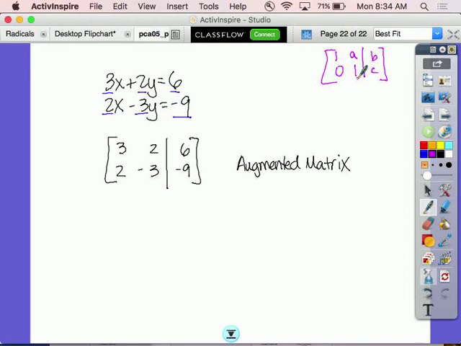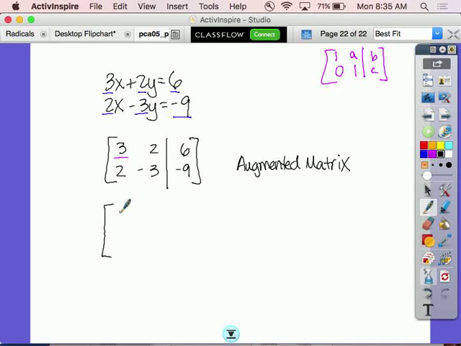So, the first thing I want to do is I want to turn this 3 into a 1. How can I do that? I can multiply row 1 by 1/3. So to get this new row 1, I'm going to multiply by 1/3.